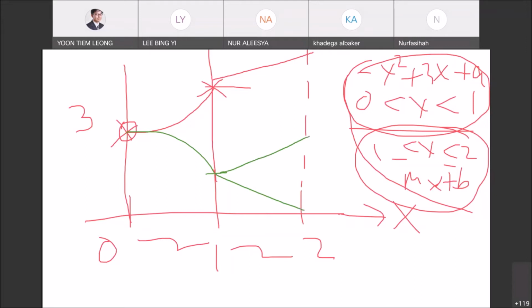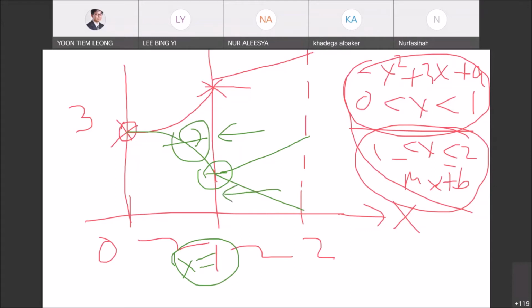The important thing here is that at this point, the values of the function have to agree when x tends to 1 from the left, which is this one, and also when x tends to 1 from the right.